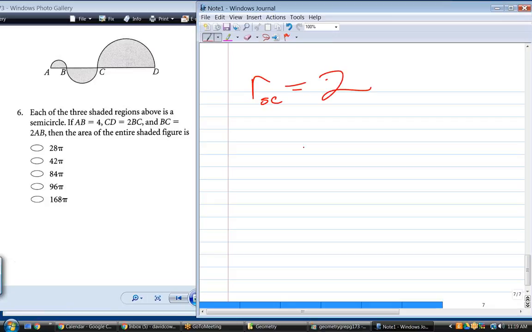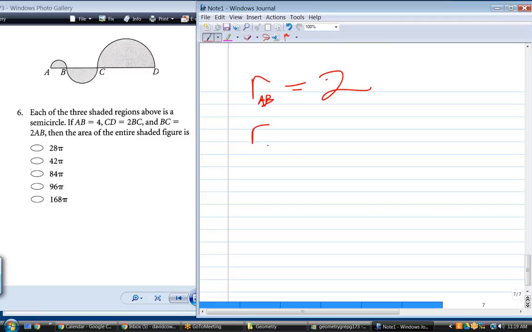Okay, and now let's go down to some of these others. CD is twice BC, and BC is twice AB. So which one can we immediately figure out next? BC is 4. Let's call this AB here. The radius of the AB semicircle is 2.